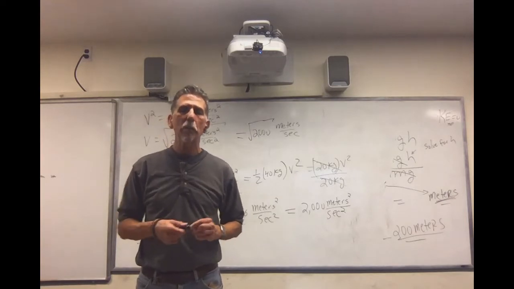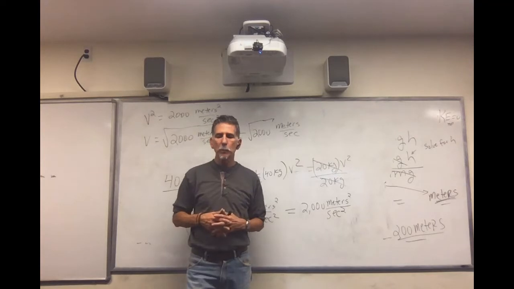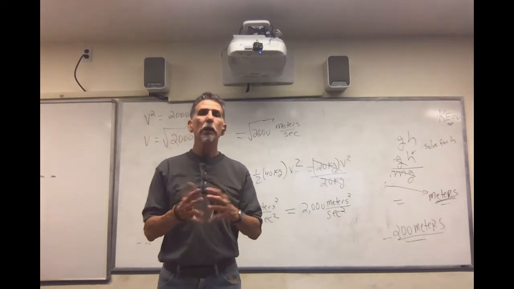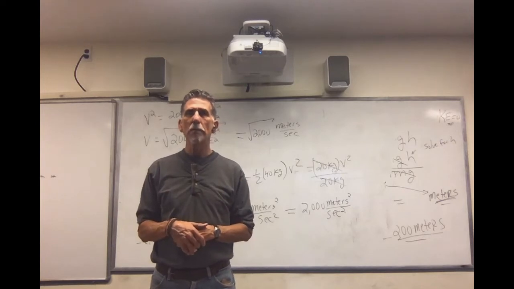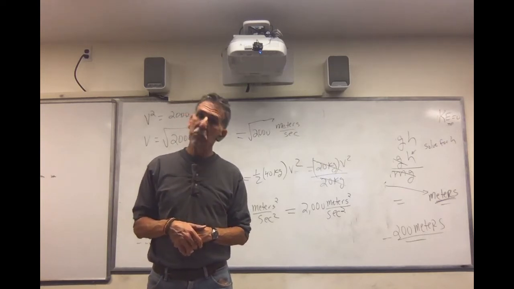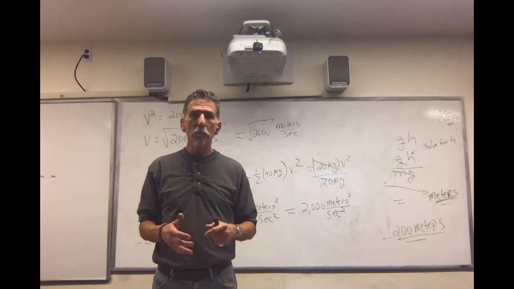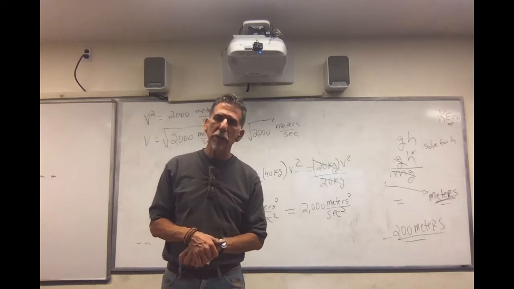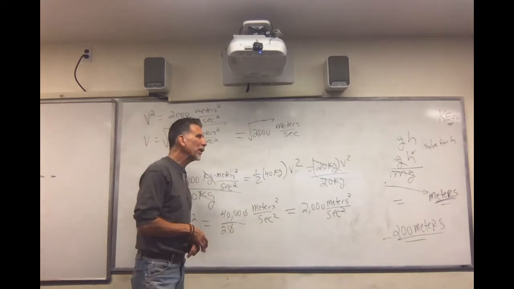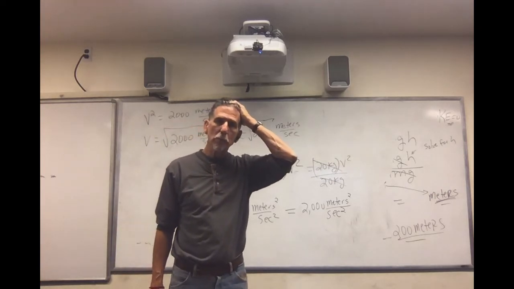What is 20 times 20? Well, 20 times 20 is 400. 30 times 30, 900. 40 times 40 is what? 1600. 50 times 50, what is that? 2500. 5 times 5 is 25, so 50 times 50 is 2500. 40 times 40 is 1600.